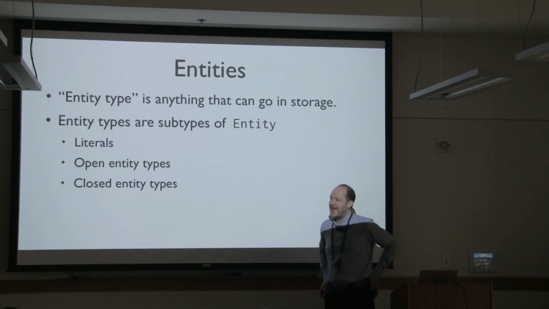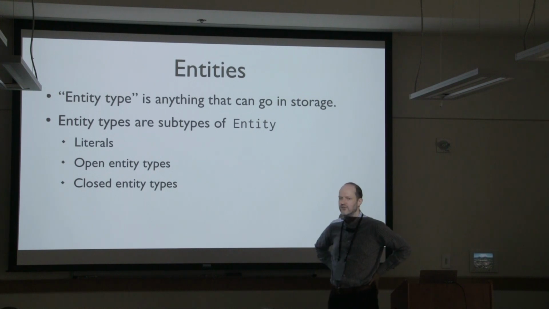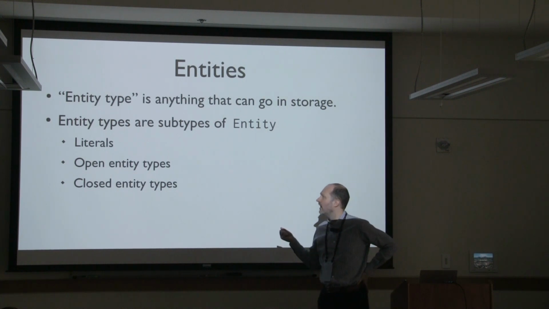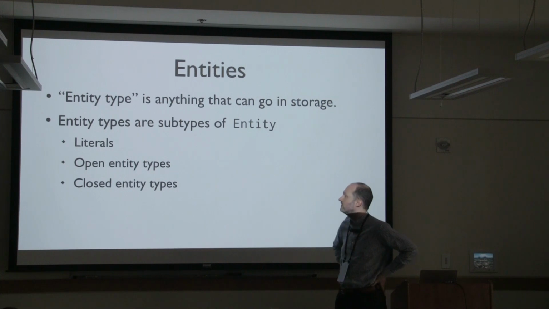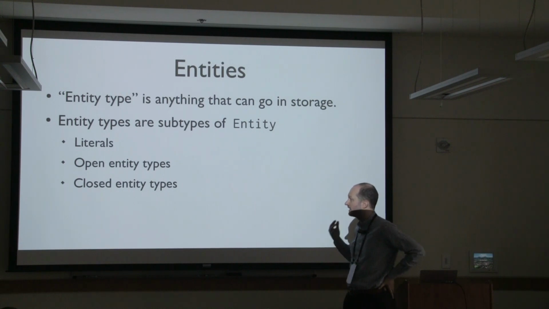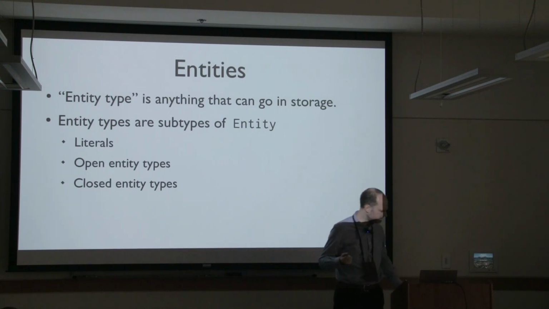Okay, so entities are the types of things that can actually be straightforwardly stored in storage. So there's a type called entity, and there are a bunch of types that are subtypes of entity. There are literals, there are open entity types, which we've seen, and there are closed entity types.